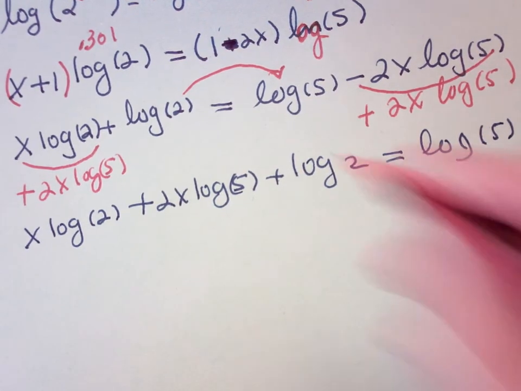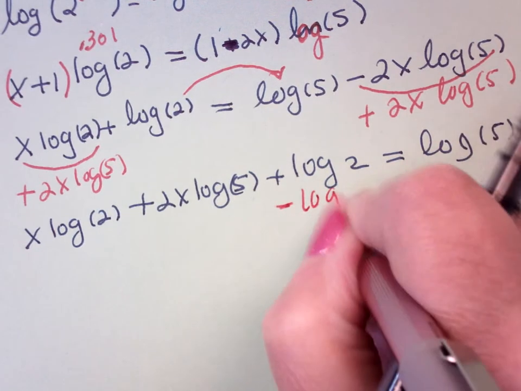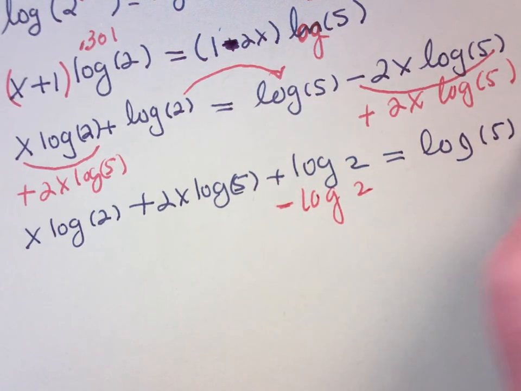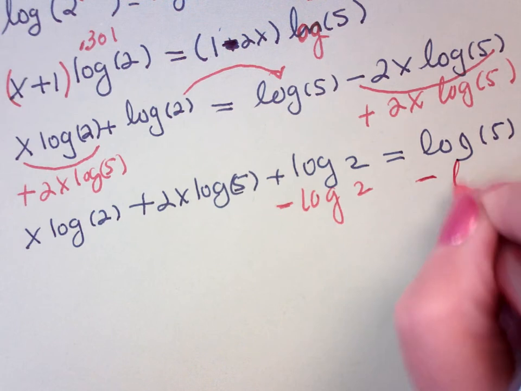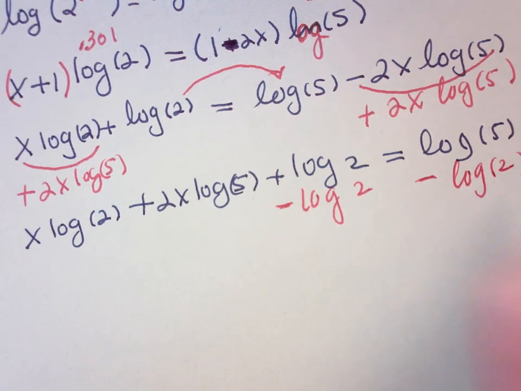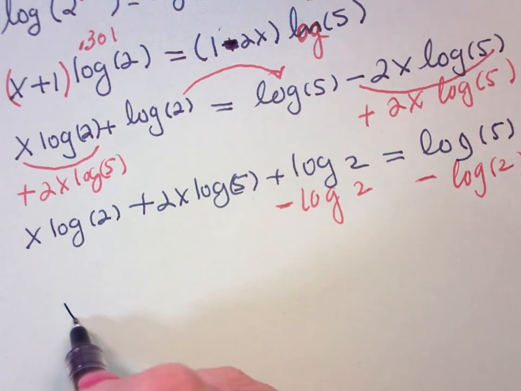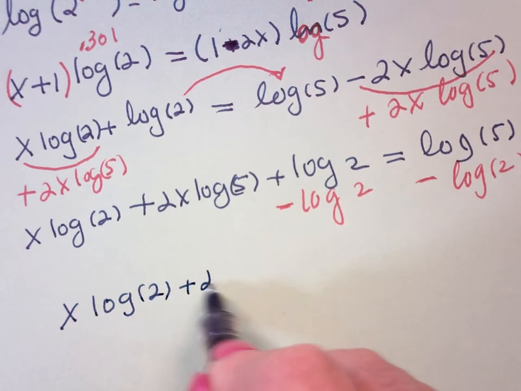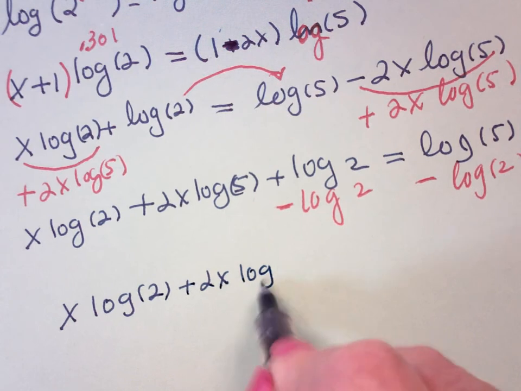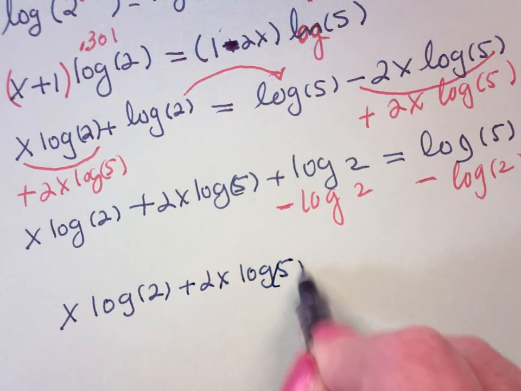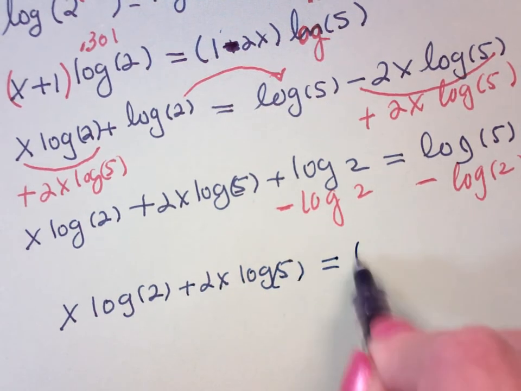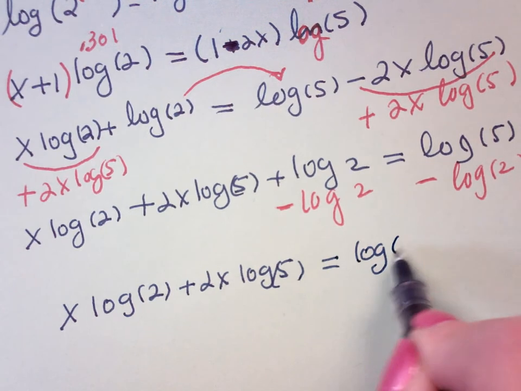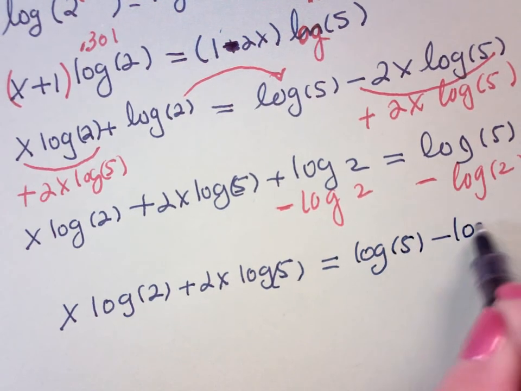Now I'm going to move the log of 2 over by subtracting log of 2. So that x log of 2 plus 2x log of 5 equals log of 5 minus log of 2.